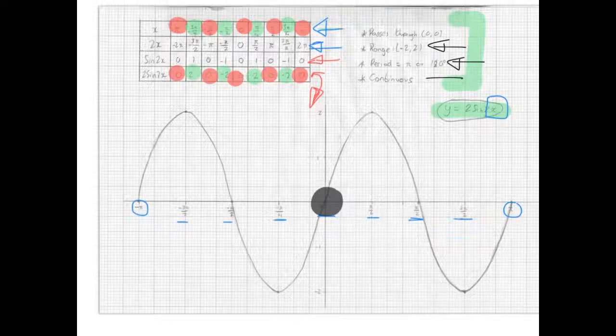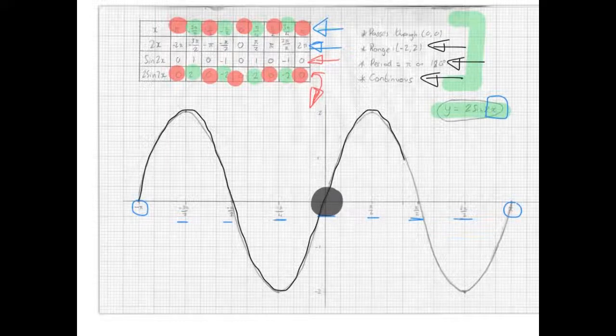And we know that sine is continuous. So when you're drawing this graph, it'll be a continuous line with no jumps or gaps. And obviously it would continue on, but for the purposes I just plot between minus pi and pi.